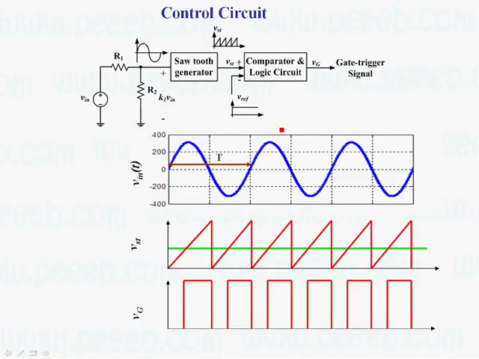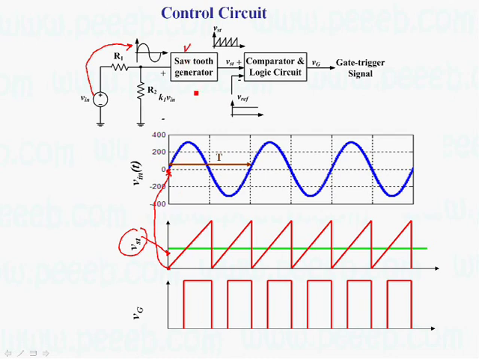This circuit diagram describes a control system for a control rectifier. We need to generate a sawtooth which has to be synchronized with the input voltage. So in this case, we need to sample the input voltage and send the signal to this sawtooth generator.